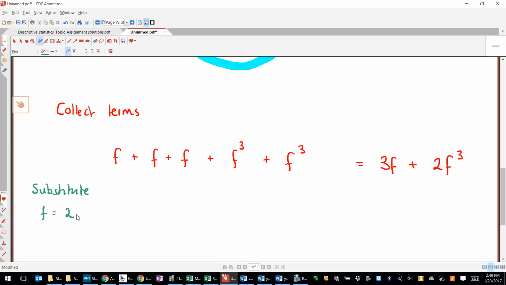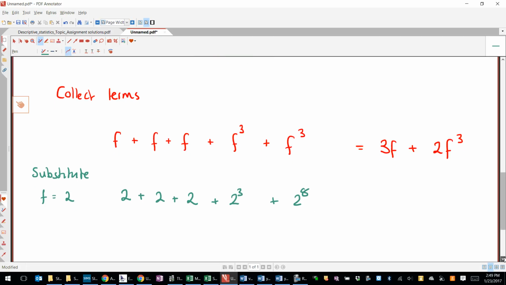So we now have 2 plus 2 plus 2 plus 2 cubed plus 2 cubed. You can see what's going to come. Alright? Now, it makes sense then. What's 2 cubed, by the way? Can you see that by doing the cubing, I now have 2 very different numbers?